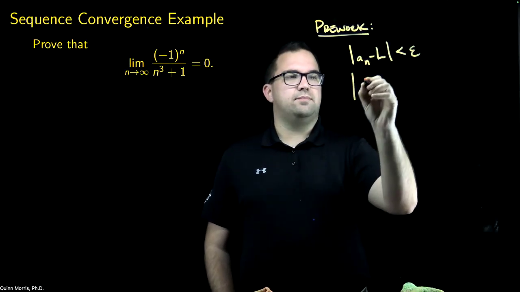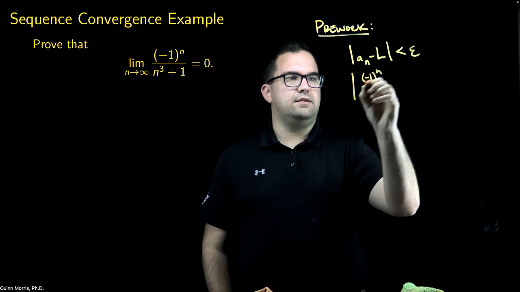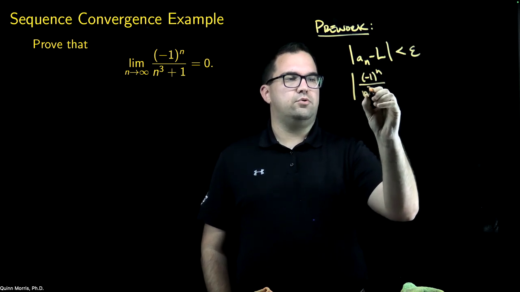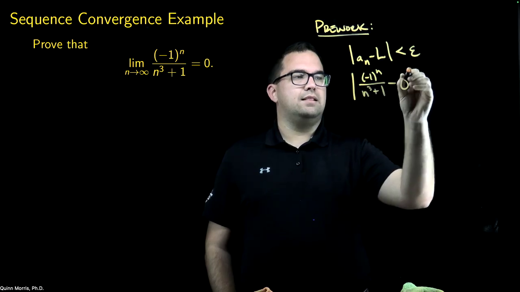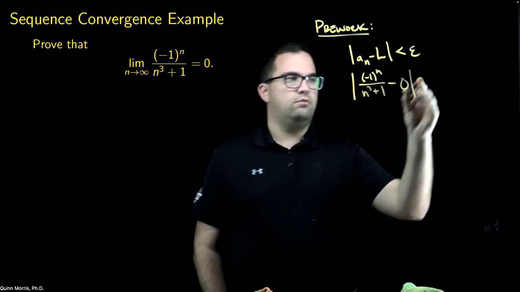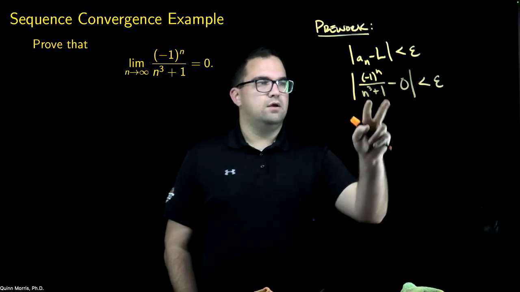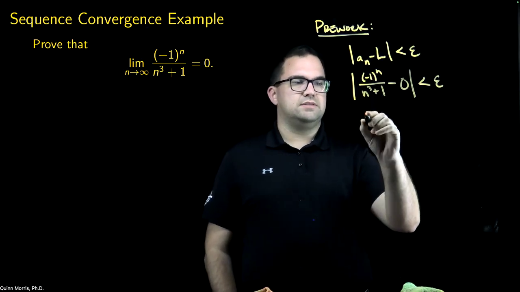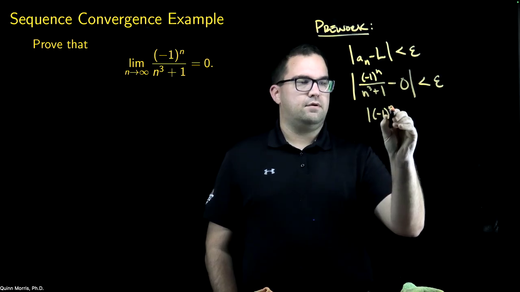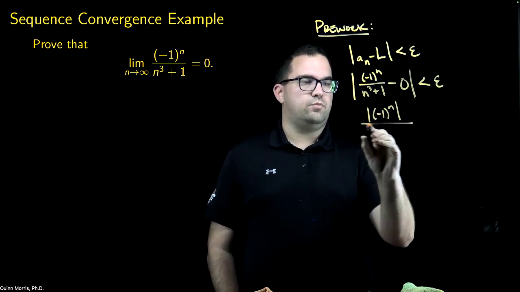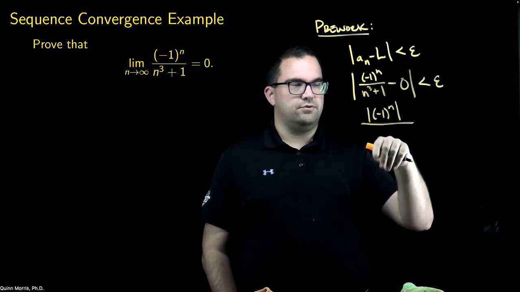All right, so what is a sub n? It's (-1)^n over n cubed plus 1. My limit value, I think, is 0, and I want to make that less than epsilon. Well, let's see, I can clean this up a little bit. This is really the absolute value of the numerator. Minus 0, that 0 can go away.